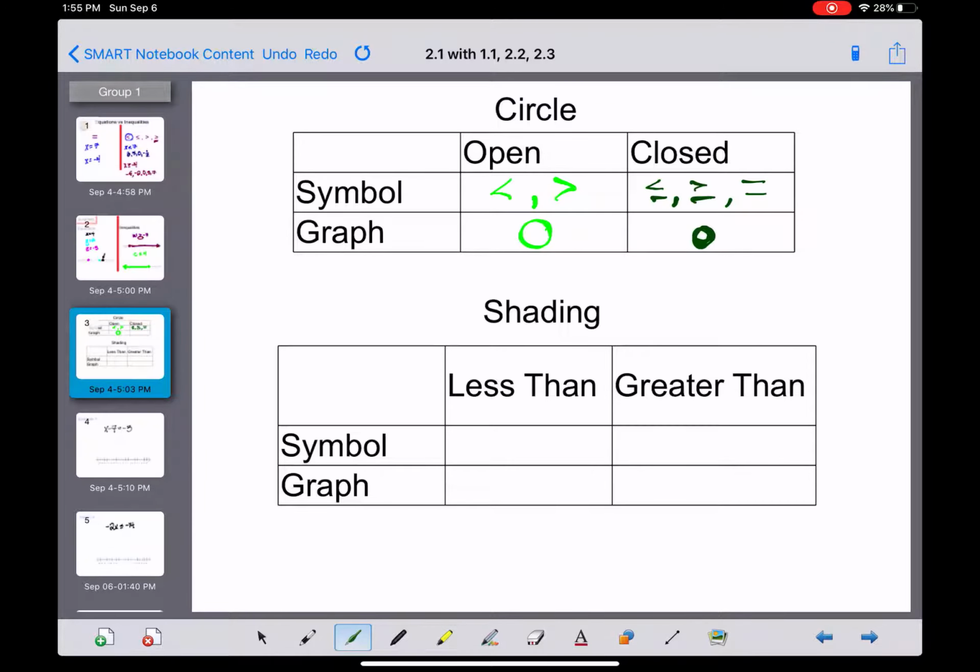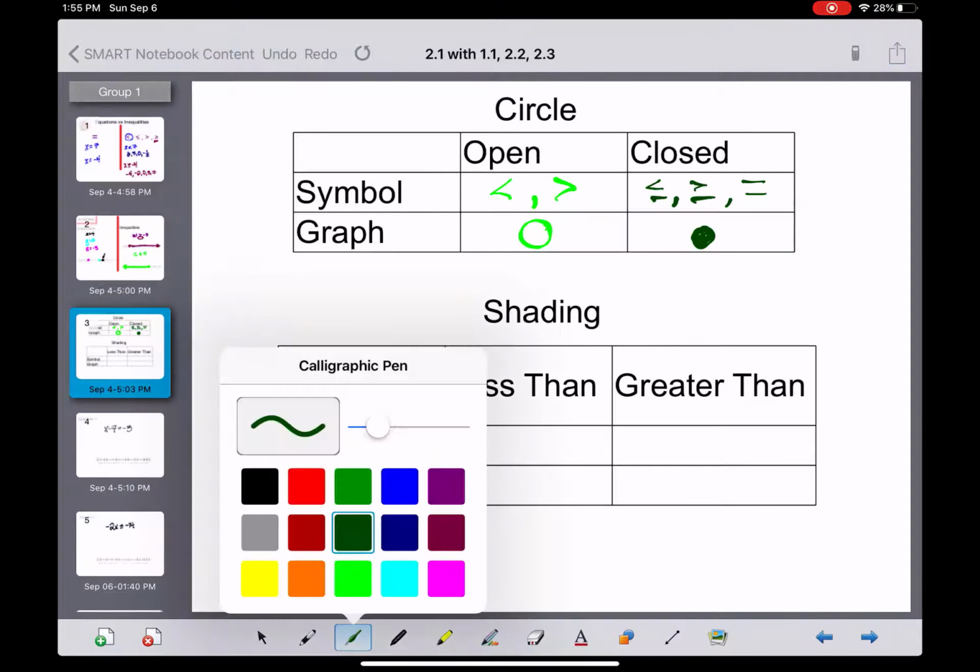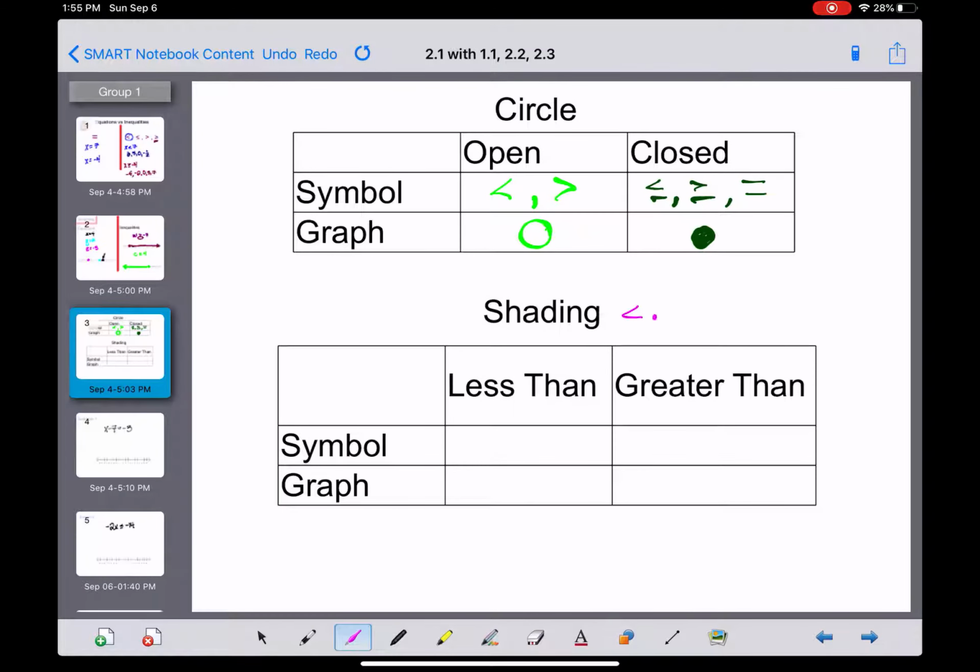That's represented with a closed, filled in circle. Now we only shade for inequalities. We do not shade for equal symbols. So for our less than or equal to symbols, we're going to shade the lesser values. If we are looking at greater than or equal to, we shade towards the greater values, which is on the right hand side.